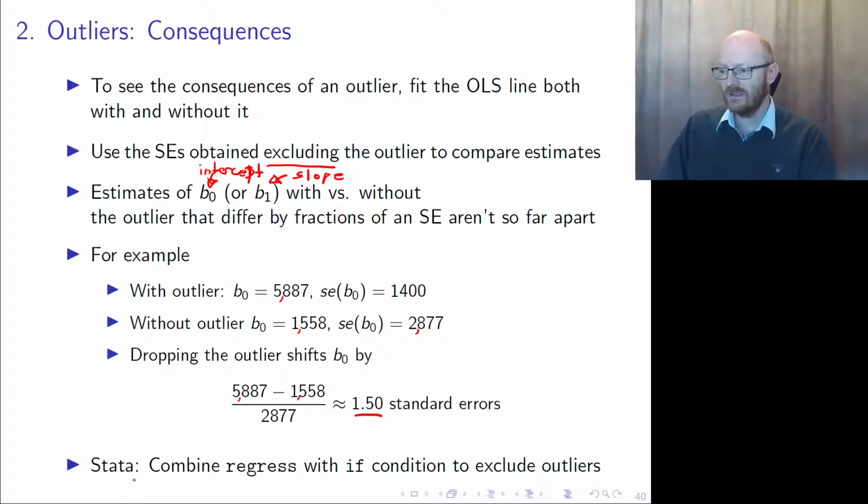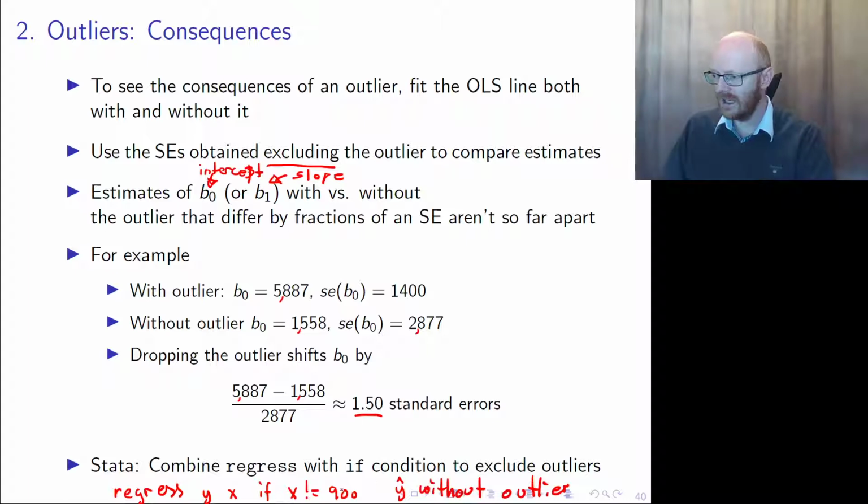So in Stata, you can combine regress with the if statement to exclude outliers. You take regress y on x, and you say if x is not equal to 900, then you get the regression line without the outlier.